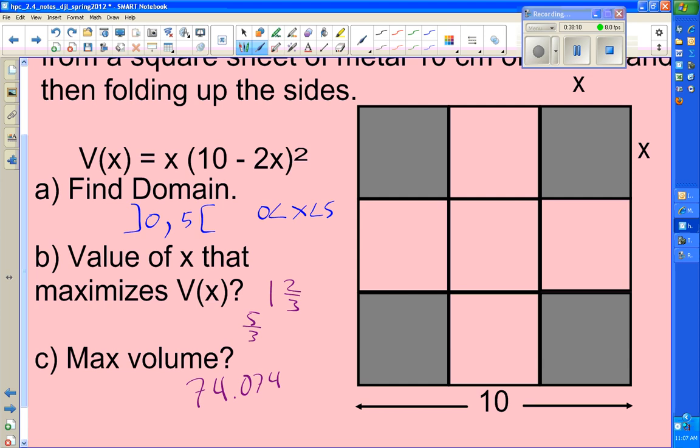Inches? Centimeters, thank you. Centimeters cubed. So the max volume is 74.074 centimeters cubed.